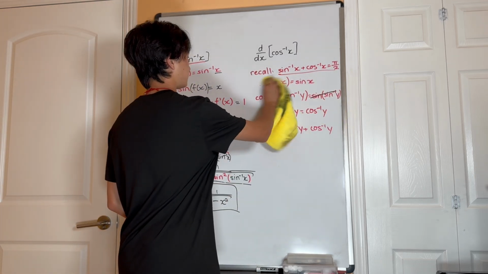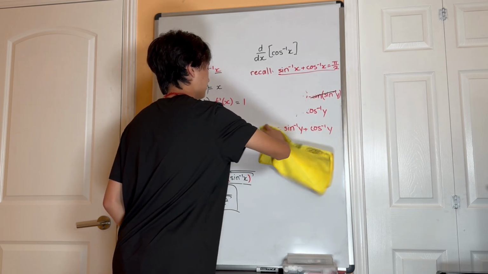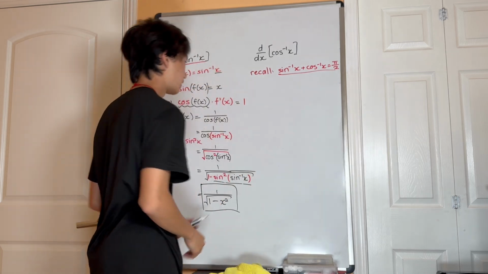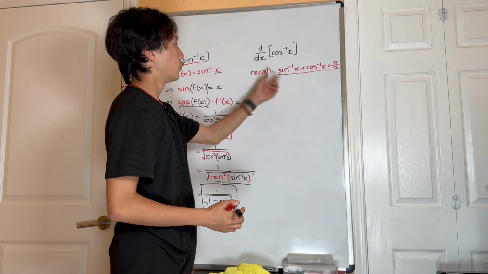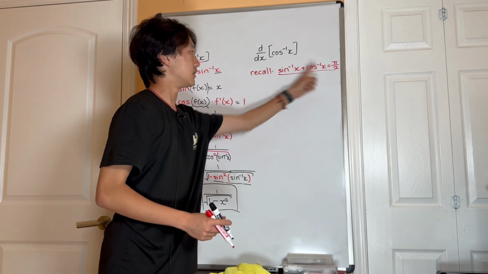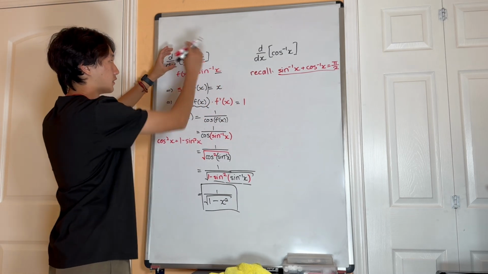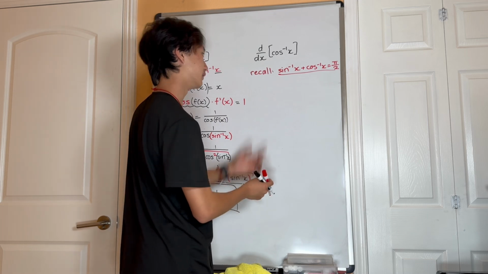And in the future, if I use it, which I am, because I still need to take the derivative of inverse tangent and inverse cotangent, just remember that I explained where that came from here. We can go ahead and rewrite inverse cosine in terms of inverse sine. And because we already know how to take the derivative of inverse sine, then we know how to take the derivative of inverse cosine.